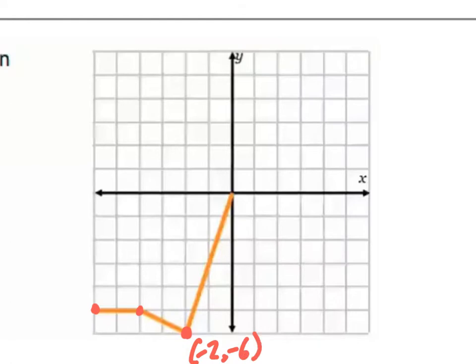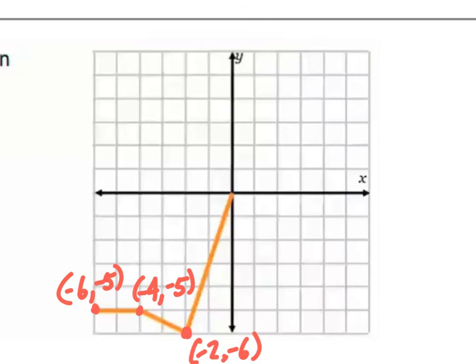This is the point negative 4, negative 5. And then this point over here is negative 6, negative 5. So as a result, what I want to do is take those points and reflect them over the origin.